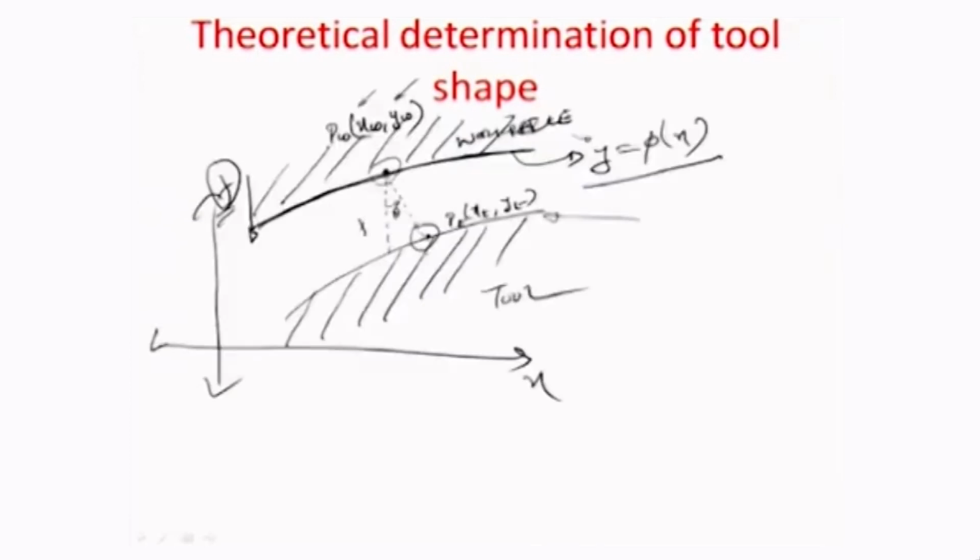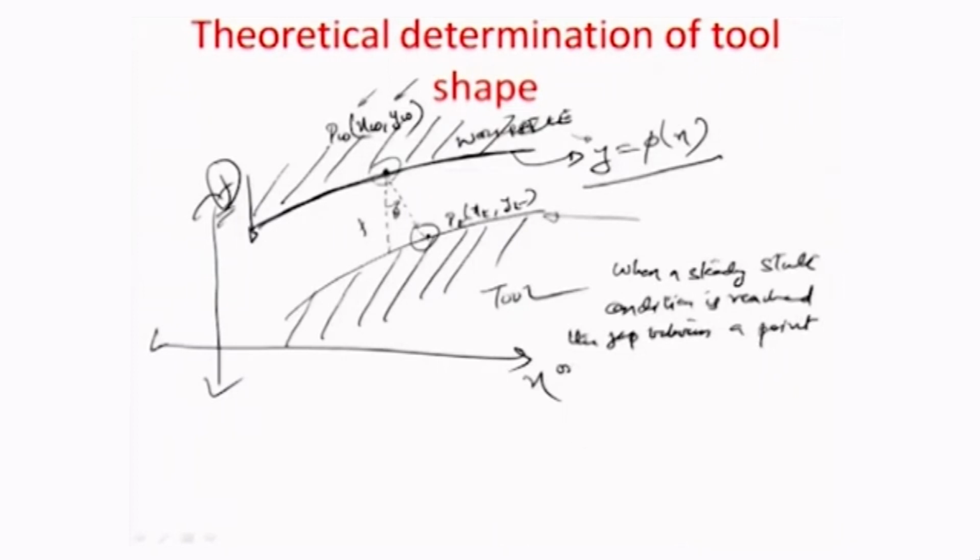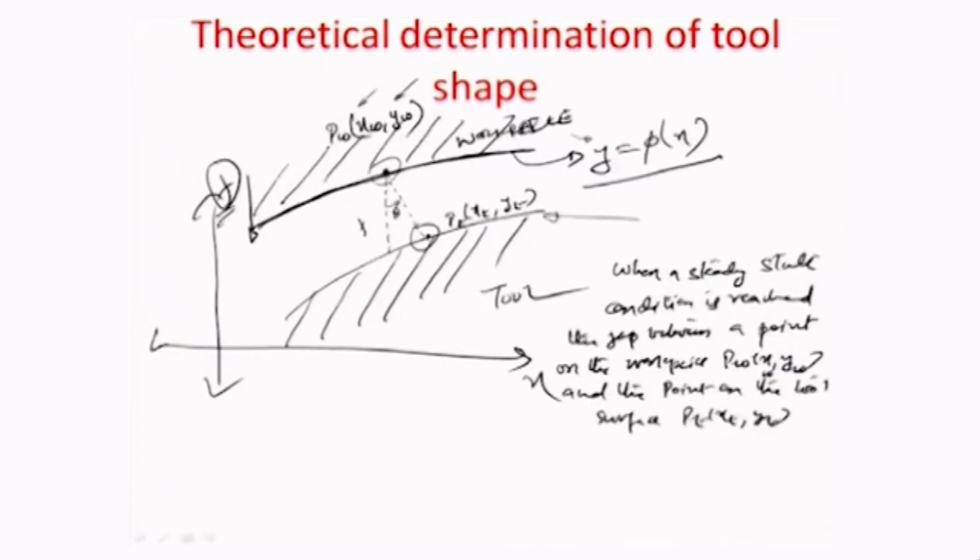So when a steady state condition is reached, the gap between a point on the workpiece, let us say xw, yw, point pw, and the point on the tool surface is given by a steady state equilibrium gap GE, okay, where G has already been calculated before.